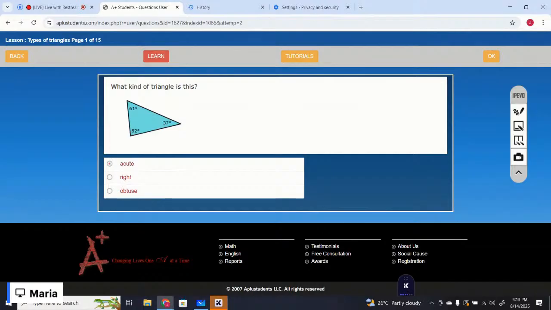If all the angles in a triangle are less than 90 degrees, then that would be the acute triangle. So acute triangle it is.